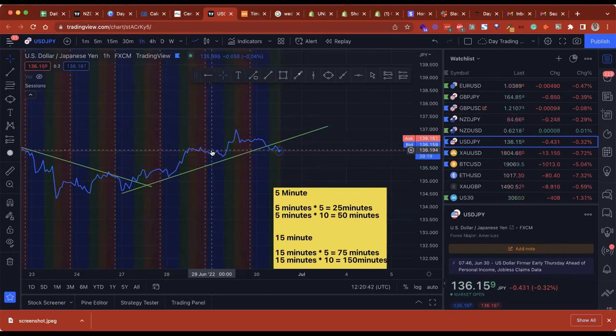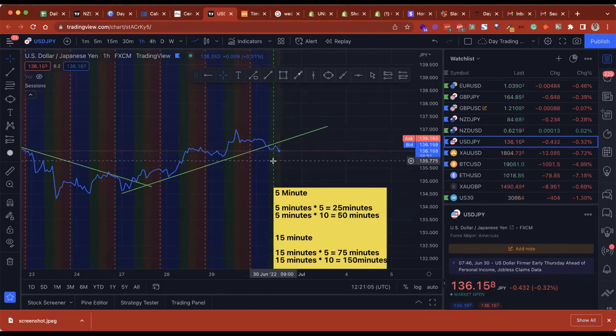Remember we talked about the Sydney open, the Tokyo open, the London open, and the US open. Each one of those is represented here. The US open is this green, the Sydney session is this orange, Tokyo is this red, and the London session is this blue. Then we start again with the green for the US session.